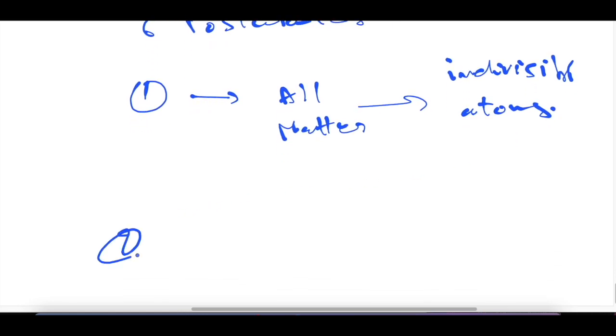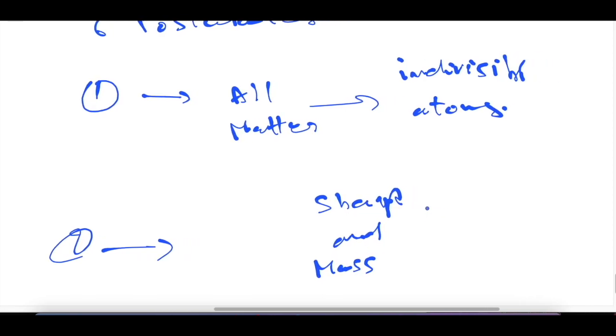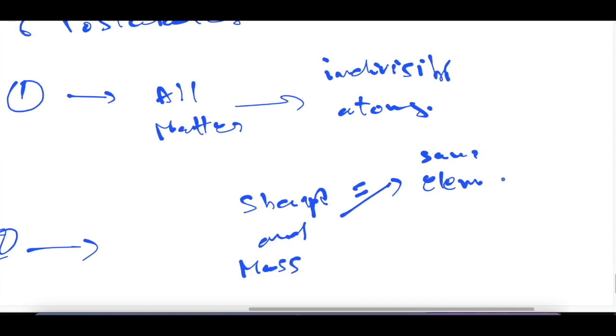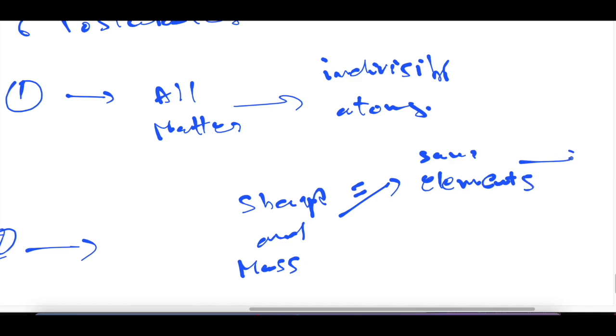Also, the second postulate tells us that the shape and mass of atoms that come from the same elements are also the same.